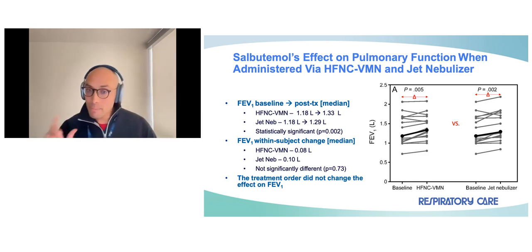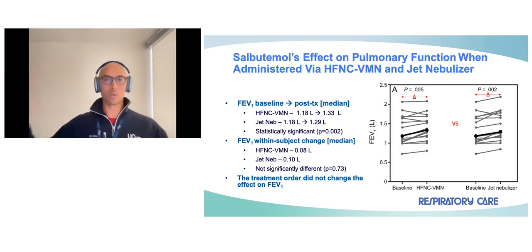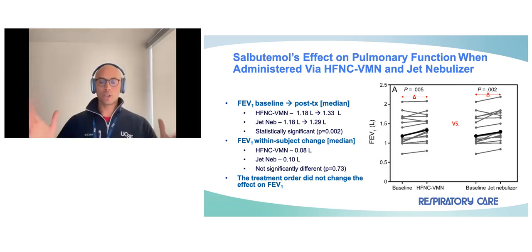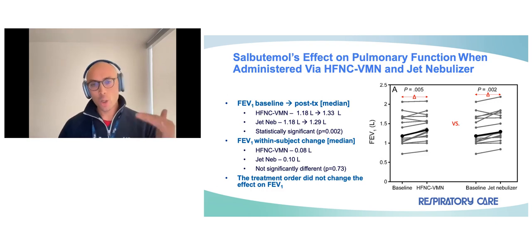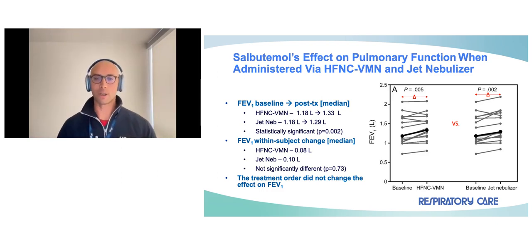So those comparisons, if you look here, were not significantly different. So it's very interesting, because based on how you do the analyses, and this is the takeaway right here, you may be drawn towards one conclusion or the other, because this is showing no statistically significant difference, but the other measure does show a significant difference. And we're going to talk about that in a little bit more detail.